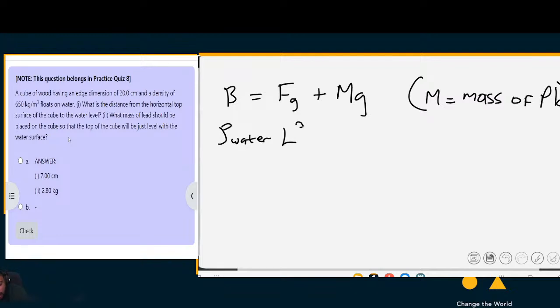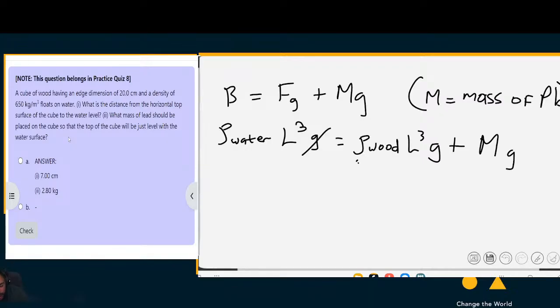That's just the volume of the block, L cubed, and then times G. And that should be equal to the force of gravity of the block, which is the density of wood times its volume L cubed times G. Density times volume is mass, multiplied by G, the gravitational acceleration, plus M, which is what we want, times G.